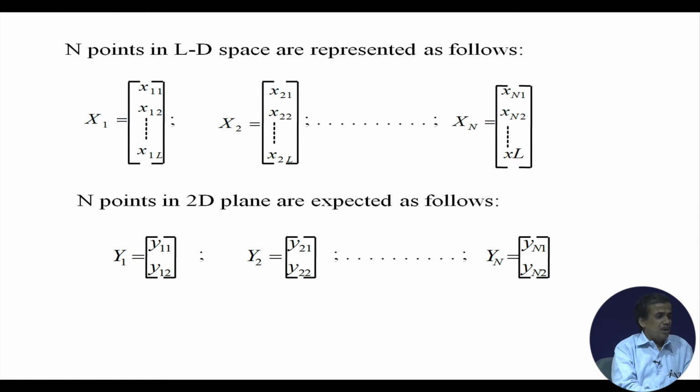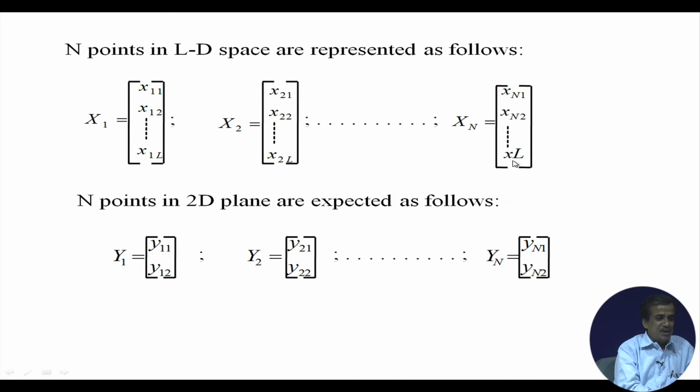As I told, n data points in L dimensional space can be represented as: x 1 is x 1 1, x 1 2, up to x 1 L. Similarly, x 2 is x 2 1, x 2 2, up to x 2 L. Similarly, x n is x n 1, x n 2, up to x n L. Here there is a mistake.